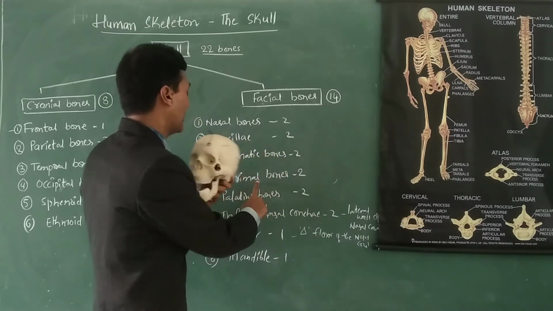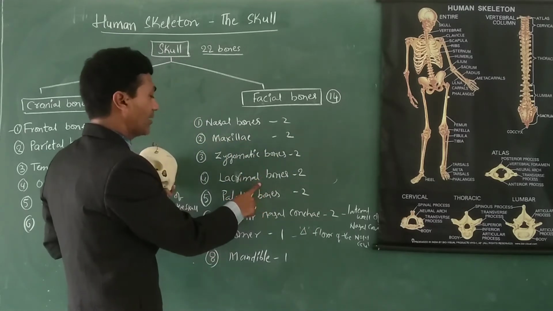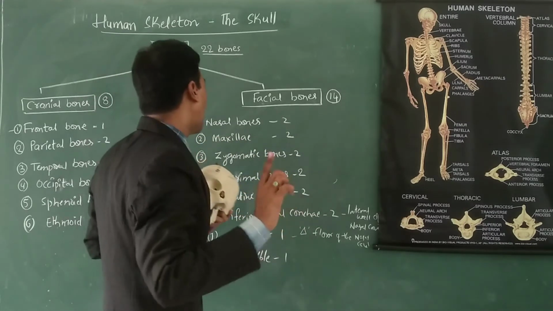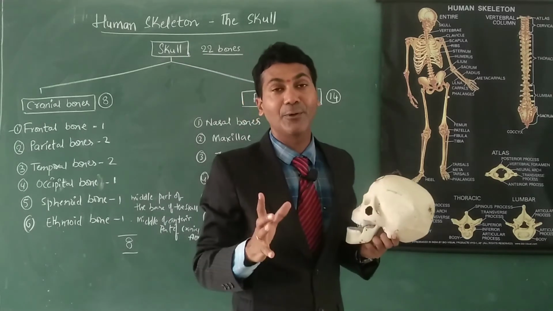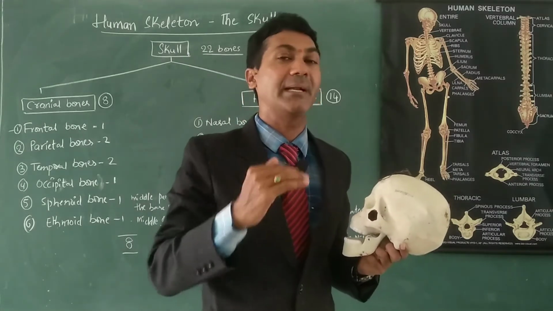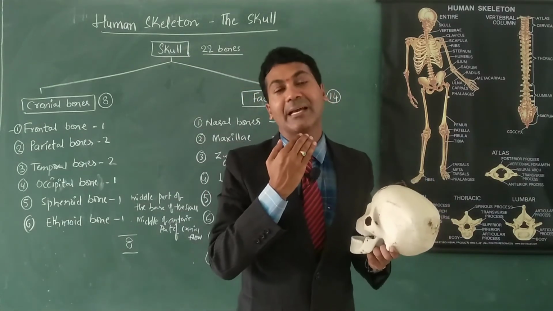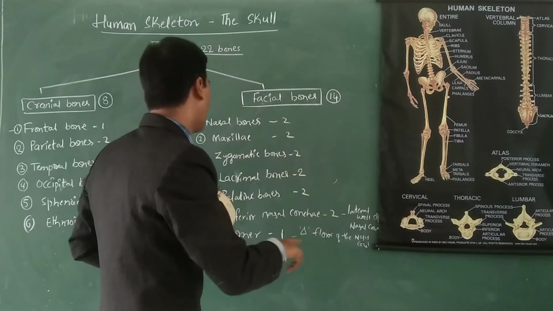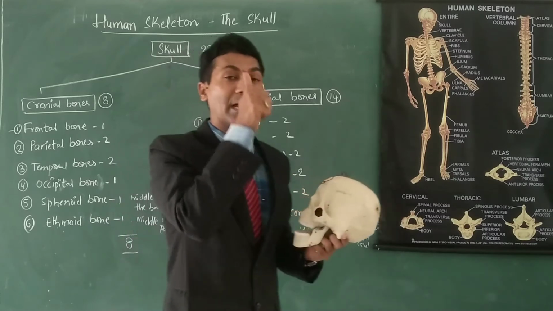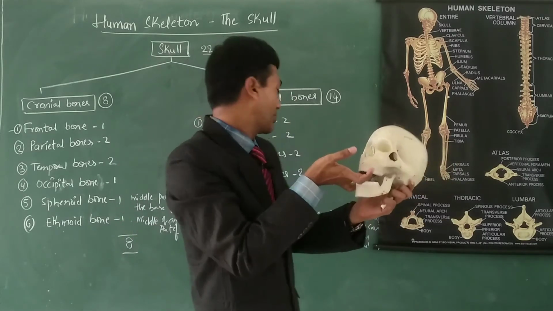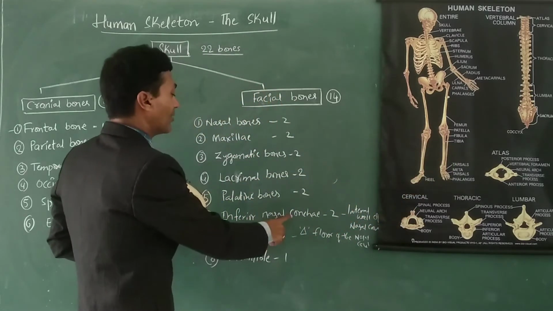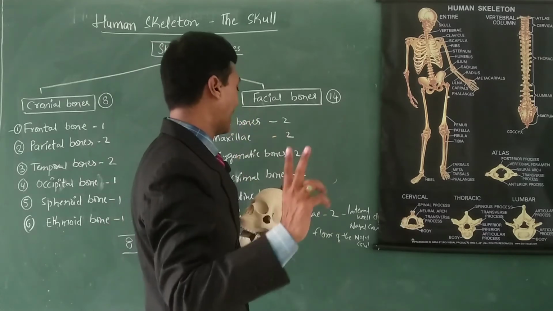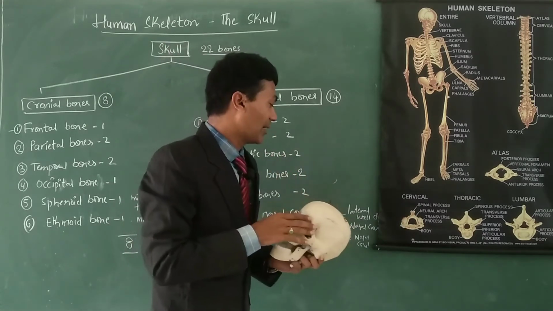There is a pair of lacrimal bones, and palatal bones. As we already know, the palate is a layer which separates the nasal chambers from the oral cavity. The palate is also made up of a pair of bones, palatal bones. Next, the inferior nasal conchae. These are also a pair, two are there, on the lateral walls of the nasal cavity.